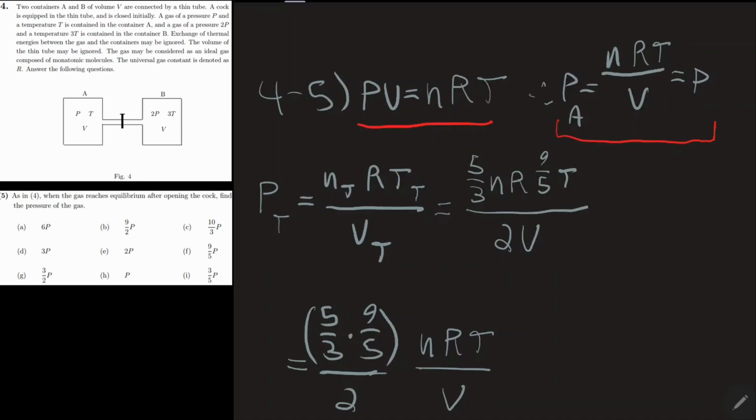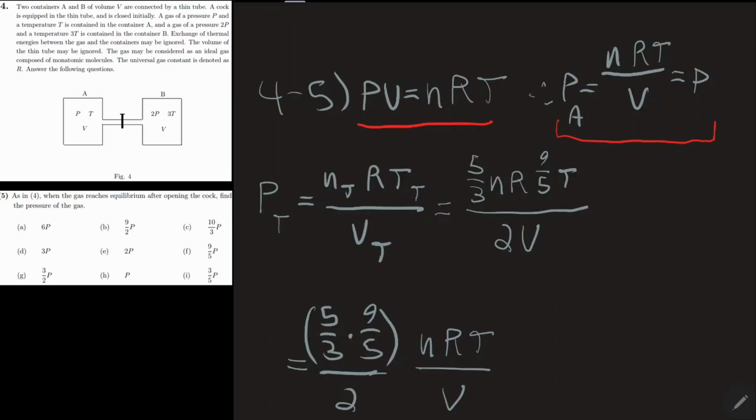This is important because if you look at the multiple choice options for this question, they want the pressure of the equilibrium gas in terms of the initial pressure, or the pressure in container A. So right here, this is what the pressure in container A is equal to.